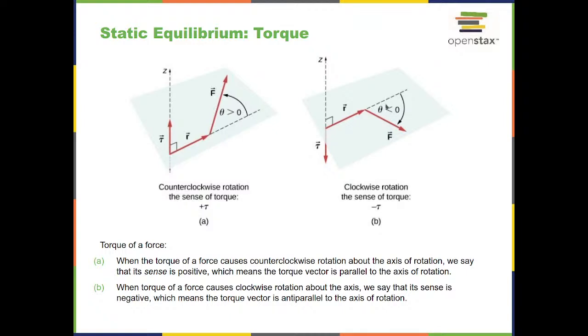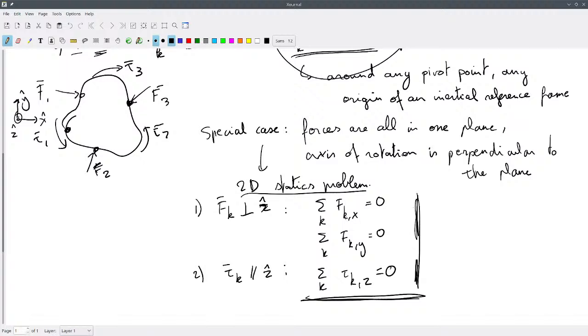If we have a torque that is pointing in the opposite direction, if the force is going in the other direction here, then our right-hand rule will give us, if you follow with your fingers from the lever arm to the line of action, your thumb pointing downwards along the z-axis. So we'll end up with a negative torque. If we use this component equation for the two-dimensional problems, we're going to have to make sure we use the right sign for those forces.